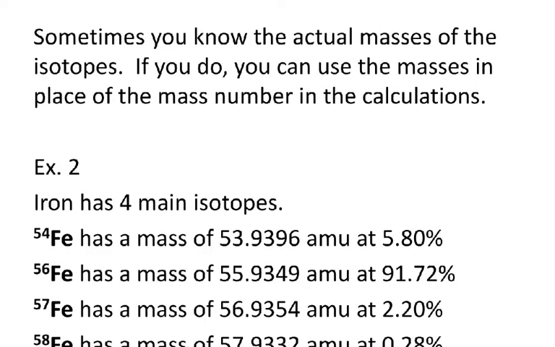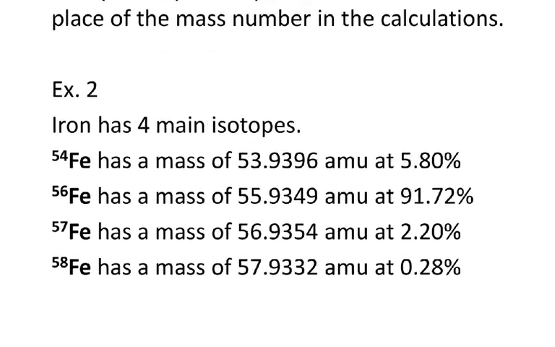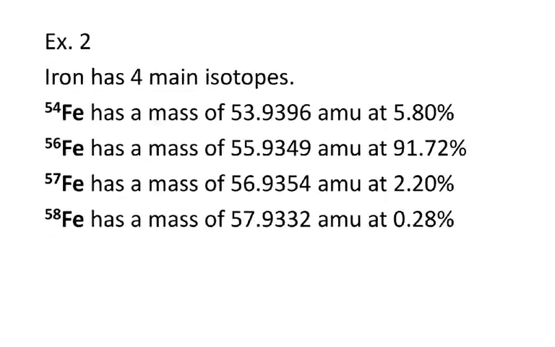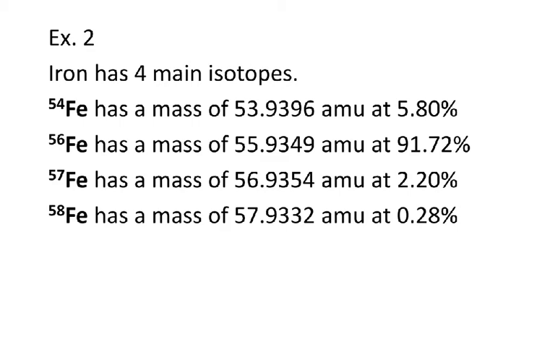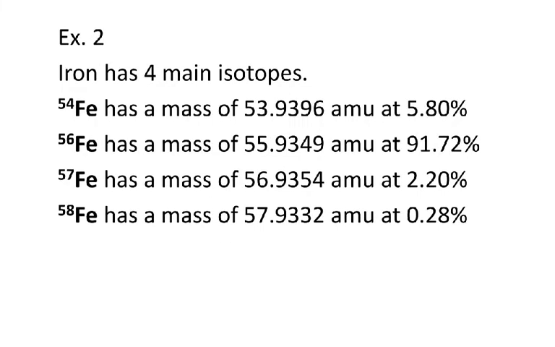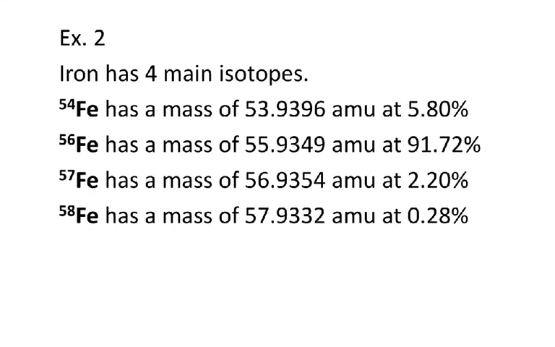Sometimes you know the actual masses of the isotopes. If you do, you can use the masses in place of the mass number in these calculations. So let's go ahead and look at iron. Now, iron has 4 main isotopes. Iron 54, now we know the mass of that particular isotope. It is 53.9396, and then it has a percent abundance of 5.80.